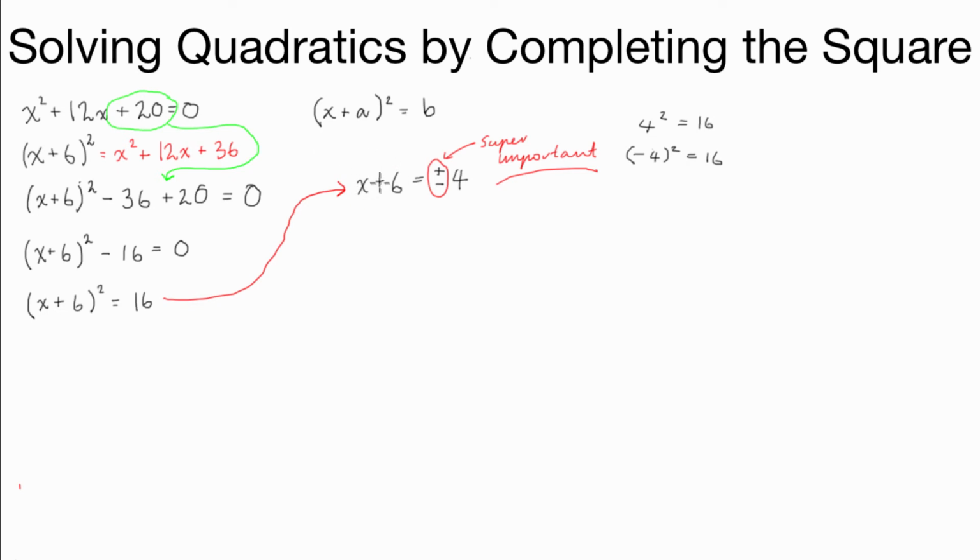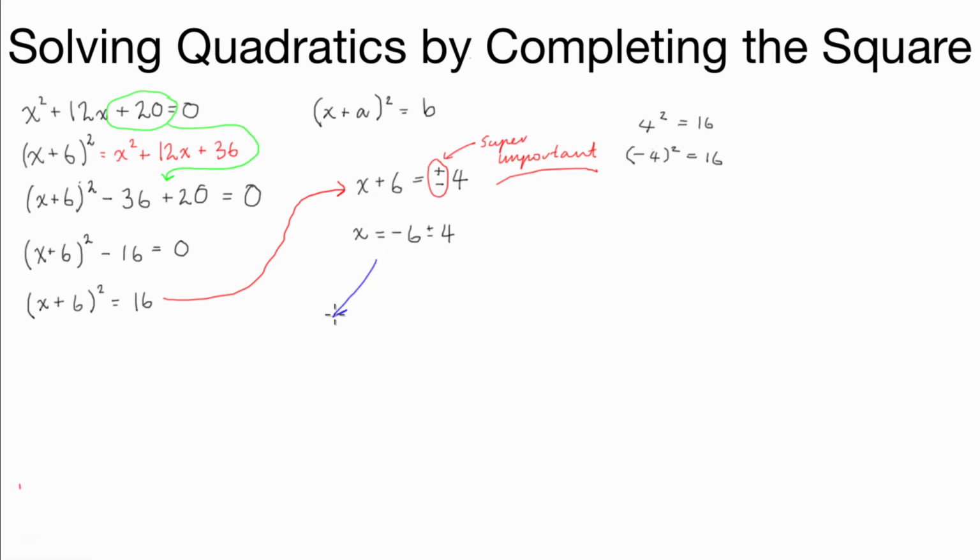All we have left is this plus 6 term, so we just minus 6 from both sides. And this is our final solution. Now, what we get from this is that there are 2 different solutions to this formula.